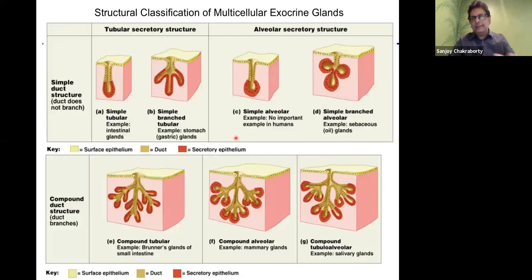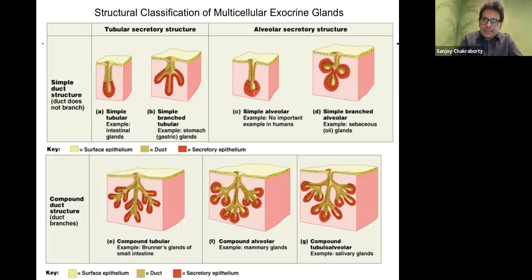In a multicellular gland, you have two parts. This red color in this particular slide indicates the glandular area, meaning these are the cells that secrete. And these yellow cells right here indicate the pipeline, the duct.